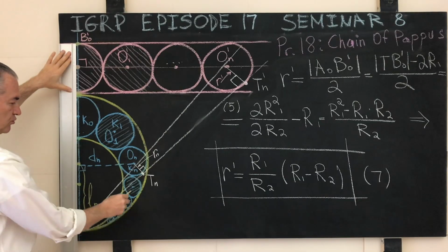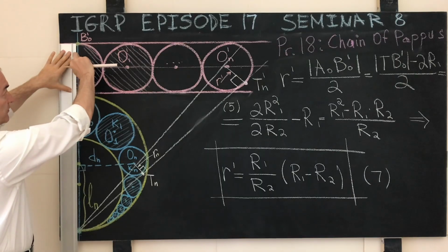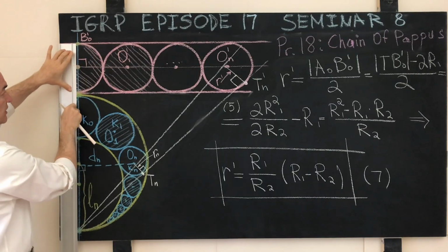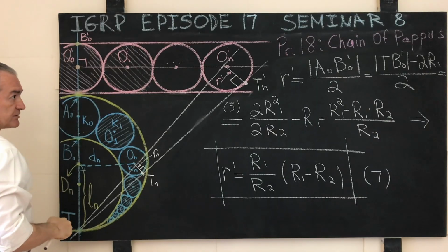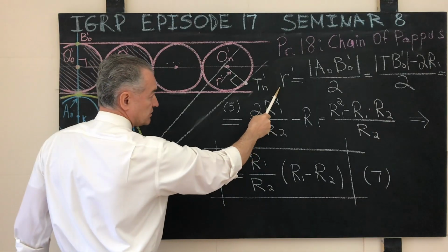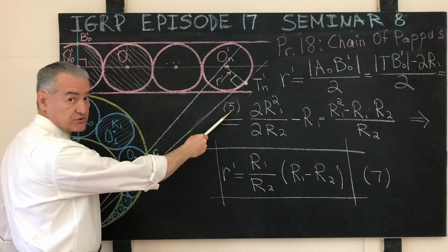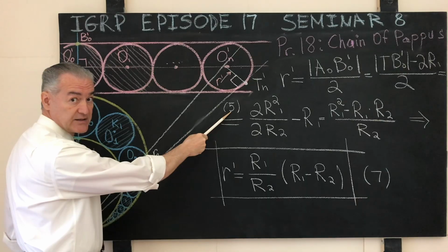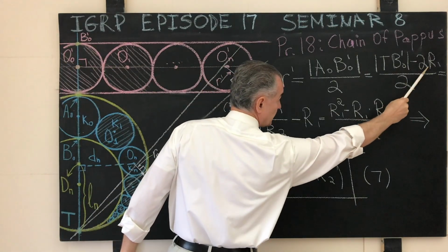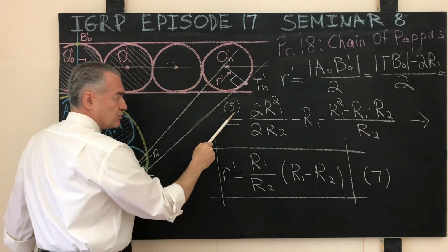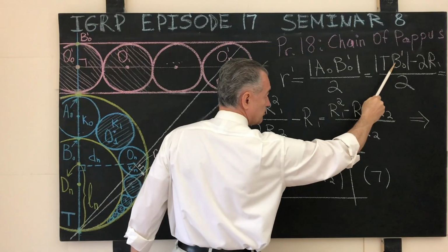That circle is Q1, the inner generating circle Q2, but geometrically we have this distance right here, and we obtain our magnitude of the radius R prime, and we essentially go through the same exercise as we did before, except this time we use the relation number 5. That is why I ask you to number this relation. So from here, from this distance, we use the relation number 5 for the distance from the point T to the point B prime 0.